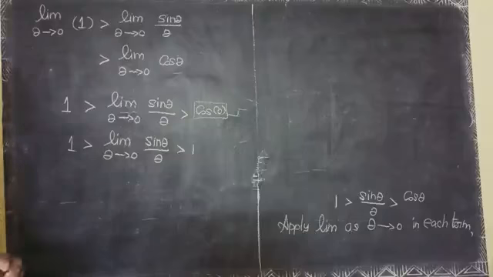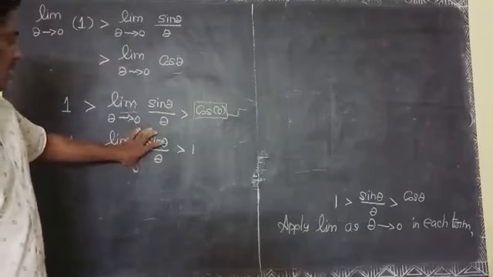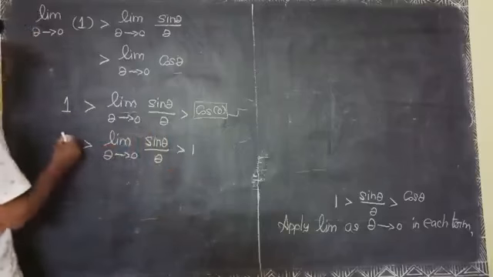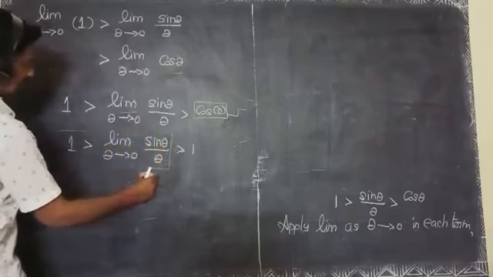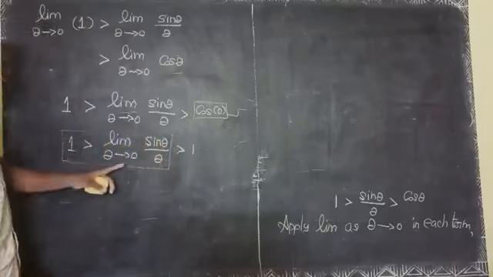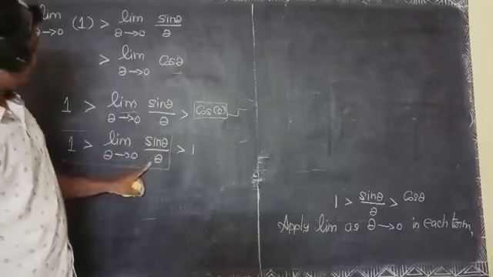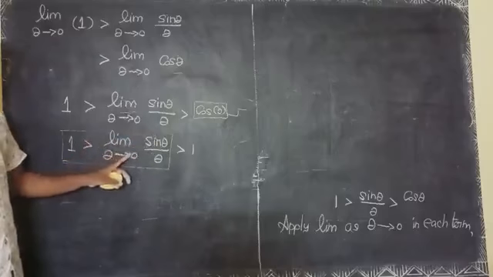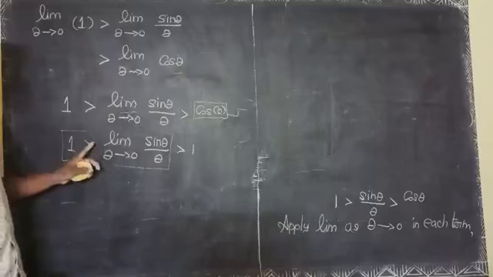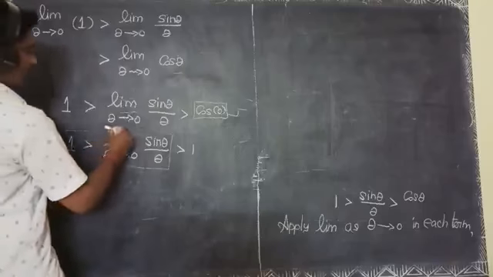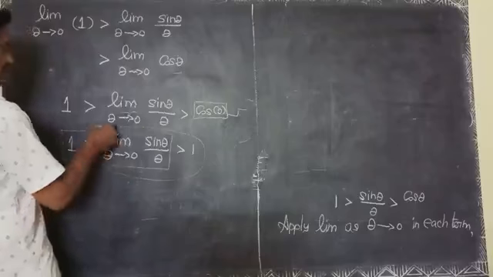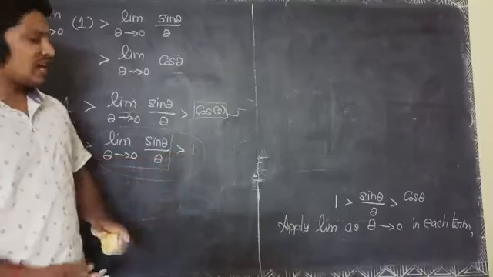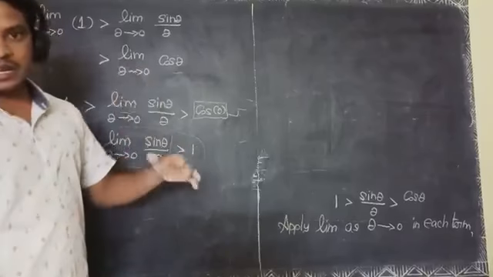We conclude this by classifying it into two cases. One case is 1 greater than the limit as theta tends to 0 of sin theta divided by theta, which means the value of this function is less than 1, that is, below 1. The other case is the limit of sin theta divided by theta greater than 1, which means the value of the function is greater than 1.